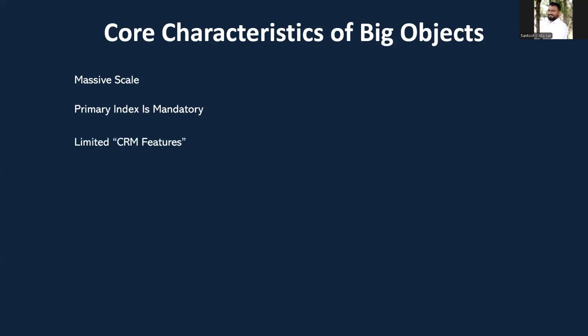Limited CRM features. Big objects do not support the full set of Salesforce automation and UI capabilities like the standard and custom objects do. So don't expect that you will find a standard page layout like a regular custom or standard object, or list views and reporting like a normal object.